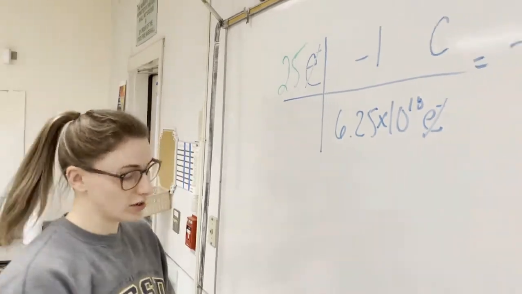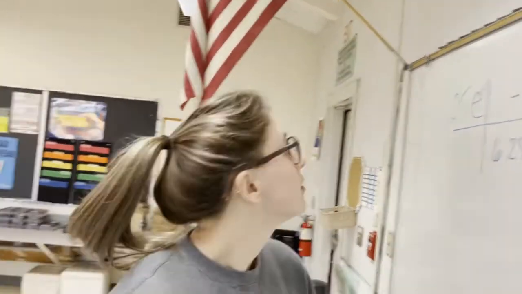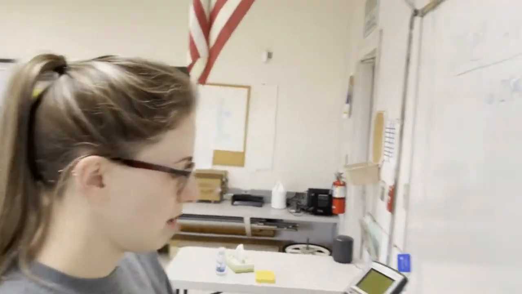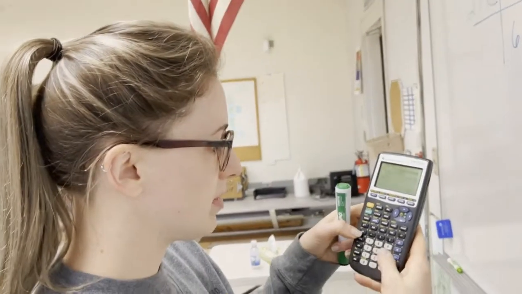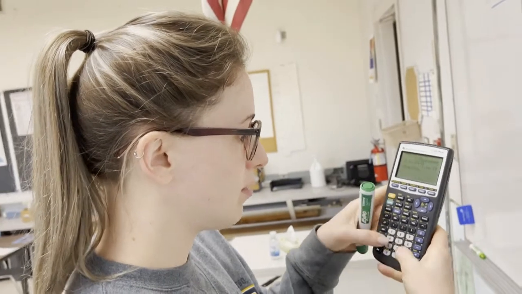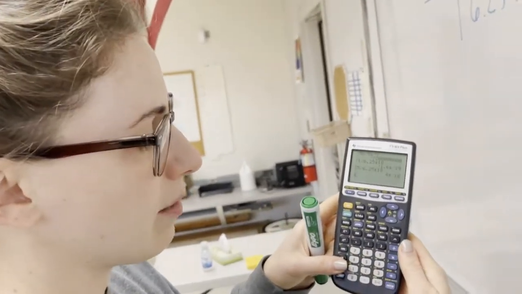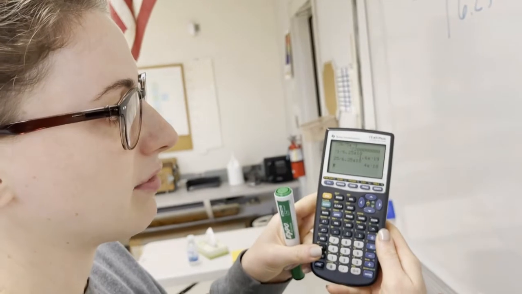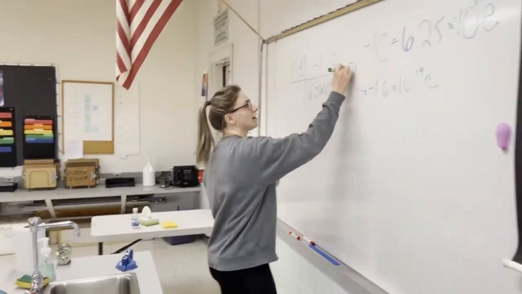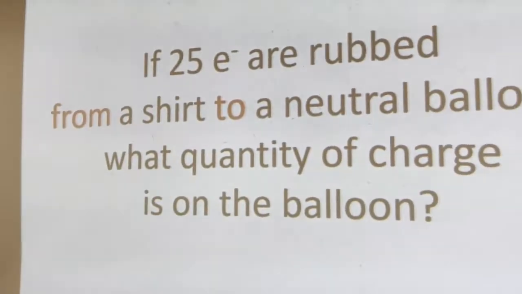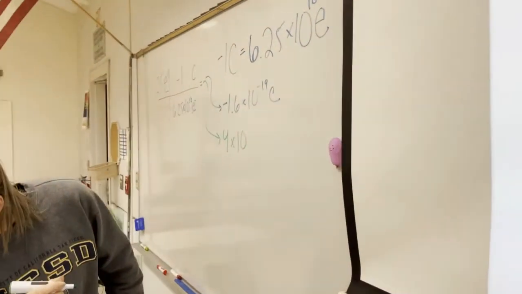25 electrons in here, so I just do 25 divided by, and that's basically going to be 25 times our answer. So 25 divided by 6.25 times 10 to the 18th, and I get 4 times 10 to the -18th coulombs. Okay, so now our answer is 4 times 10 to the, what did I say, positive 18th?